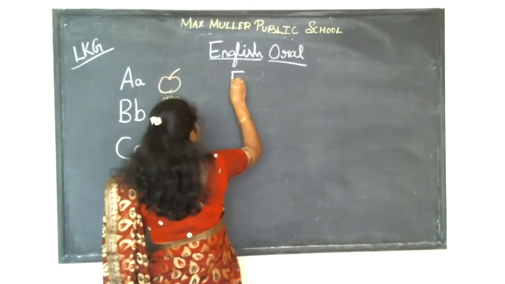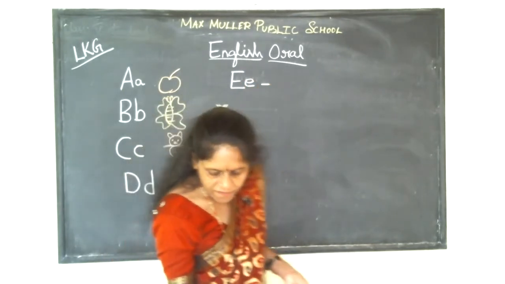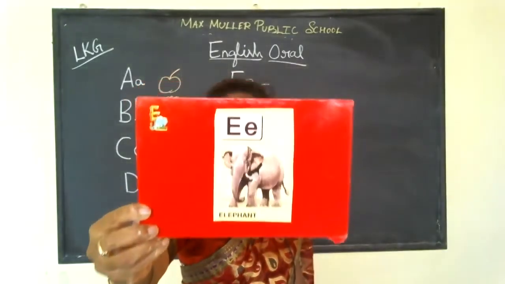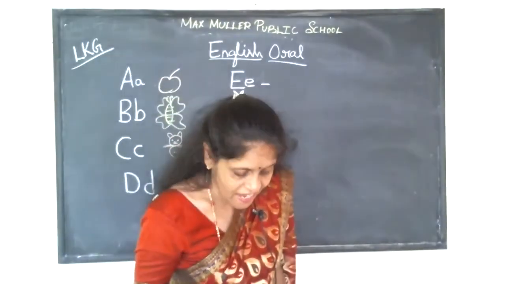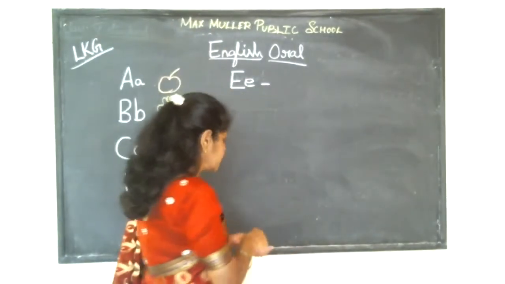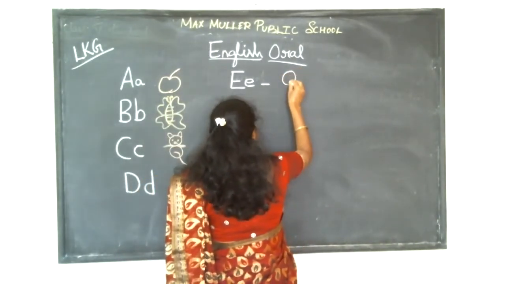Next, capital E, small e. E for, what is this animal called? Elephant.